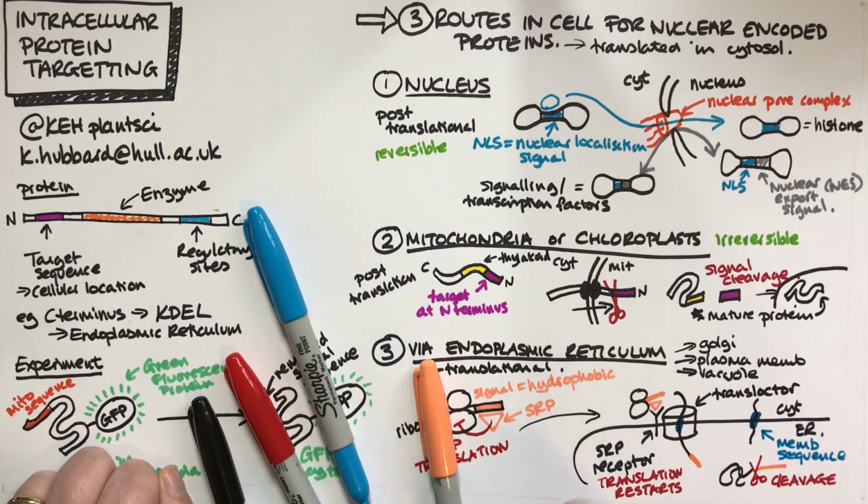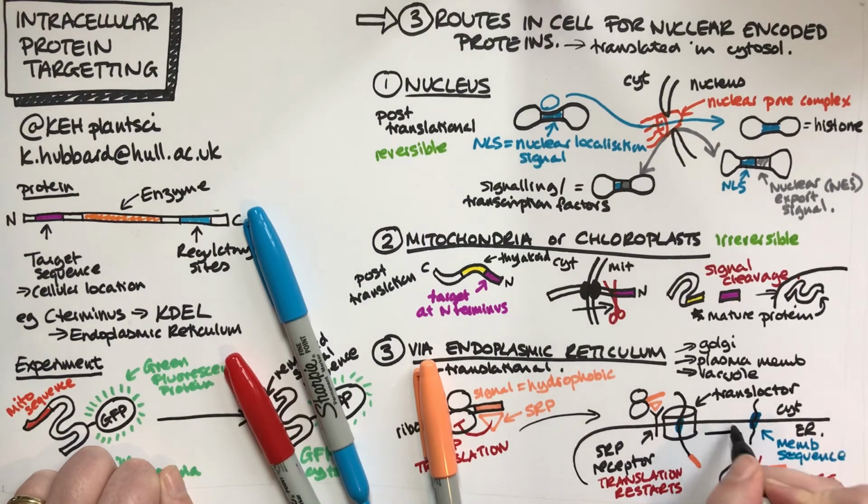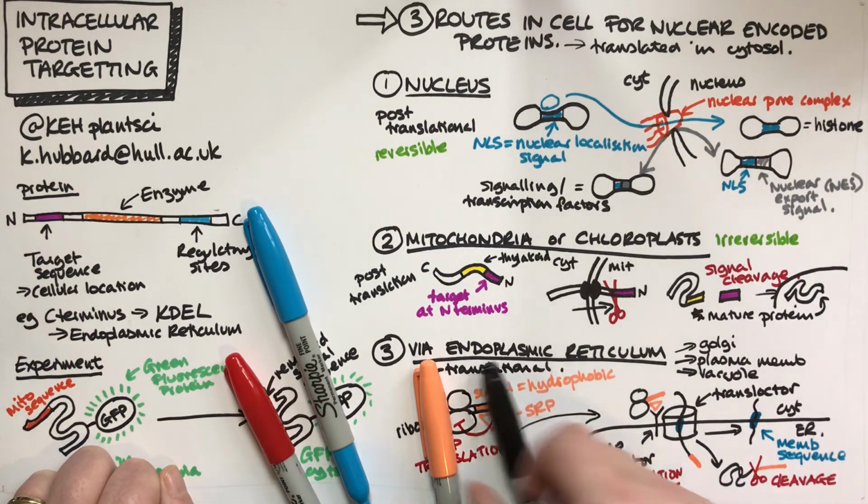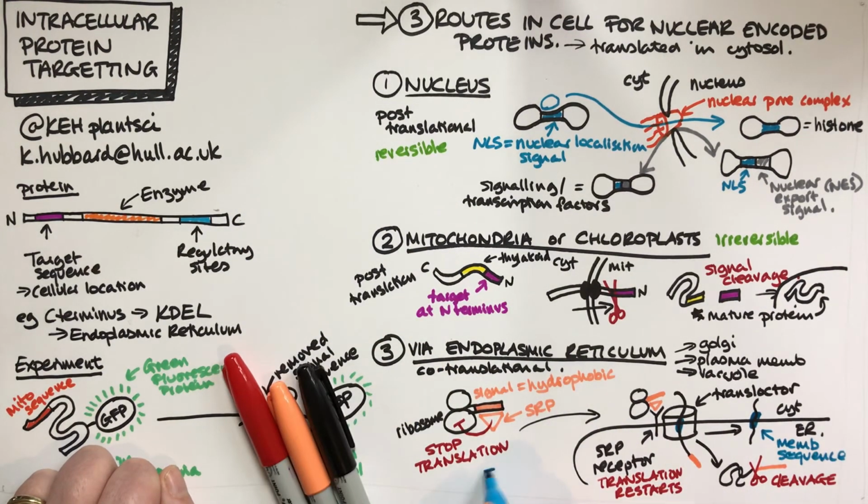So if we've got a sequence in it, it might tell the protein to stay in the membrane. Okay, so if we've got a membrane, it's what's called a stop transfer sequence. So if there's no further sequences in it, it will go into the endoplasmic reticulum. If there's a stop transfer or membrane sequence, then the protein will actually stay in the membrane.